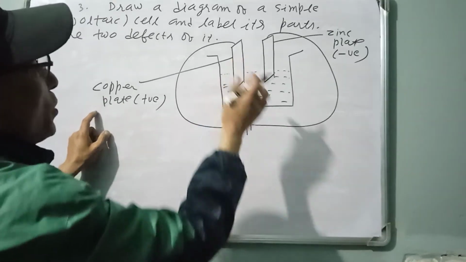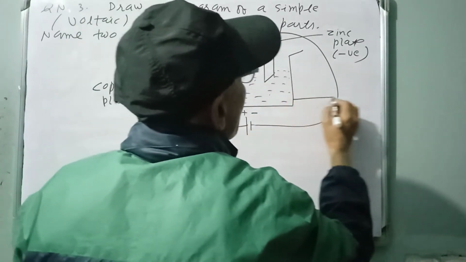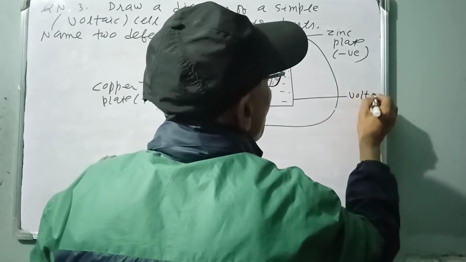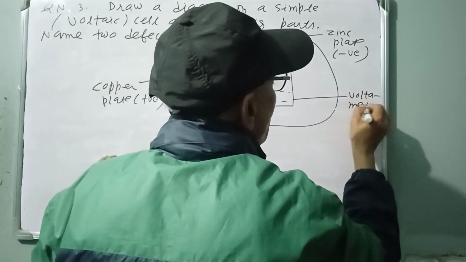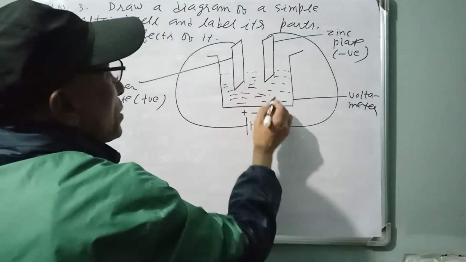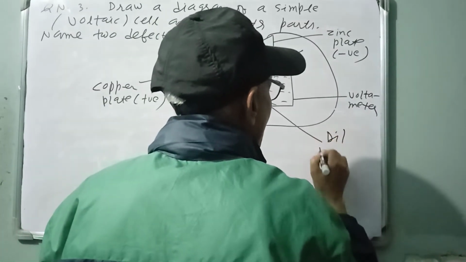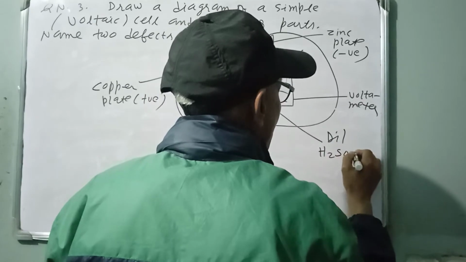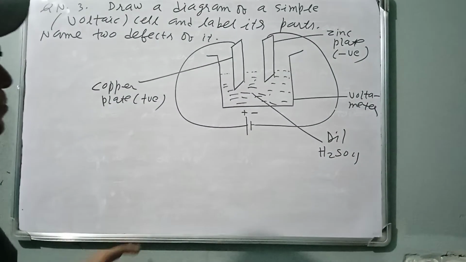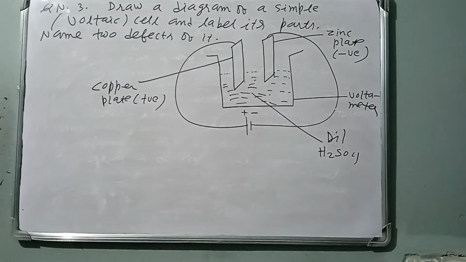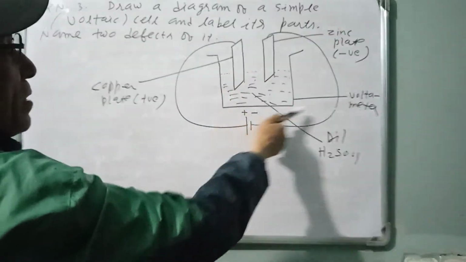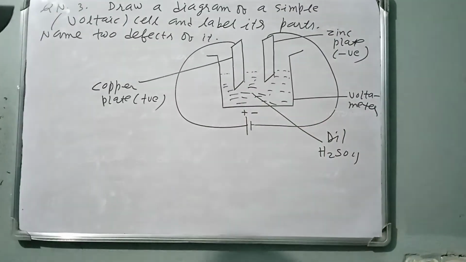And this is called voltameter, not voltmeter. Remember, voltameter. And this one is acidified dilute sulfuric acid. This was the cell: copper plate, zinc plate, voltameter, dilute sulfuric acid.